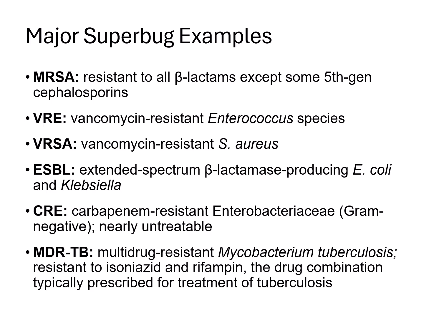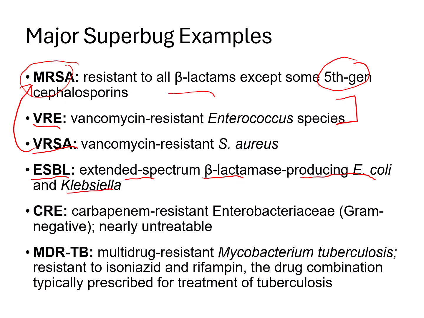You may have heard of some of these major superbug examples. MRSA is resistant to all beta-lactams except some 5th generation cephalosporins that we saw earlier. VRE are vancomycin-resistant Enterococcus species. VRSA is vancomycin-resistant Staphylococcus aureus. ESBL is extended spectrum beta-lactamase producing E. coli and Klebsiella.